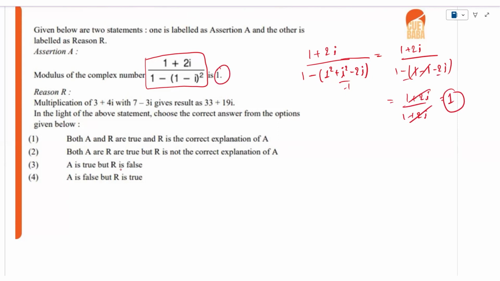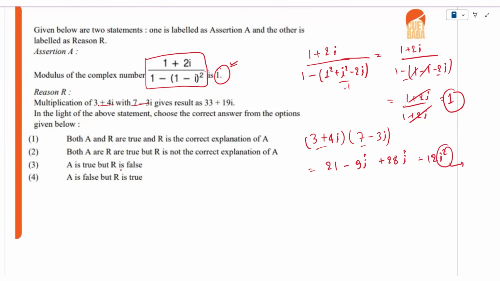So there is no need of any concept here for the assertion to be correct. Now when we simplify the reason, when we multiply 3 plus 4i and 7 minus 3i, we will get 21 minus 9i plus 28i minus 12i square.